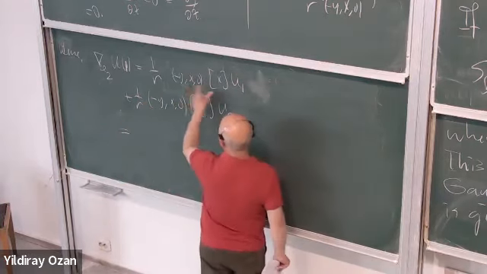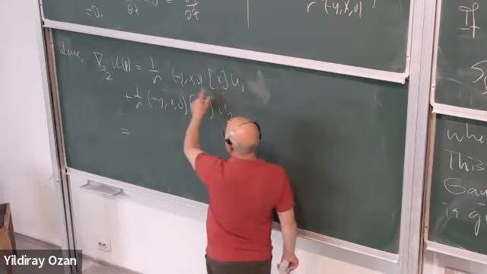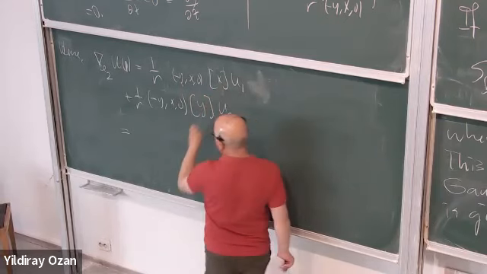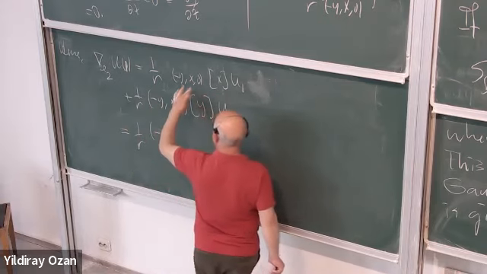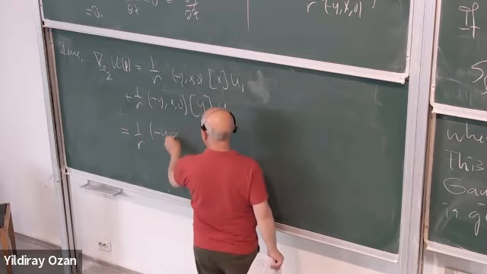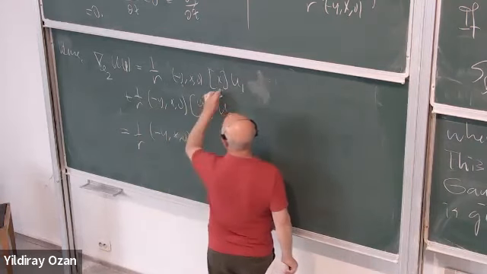Bu vektörü buna yedirmek ne demek? Bu vektörle bunun gradient'ının product'ı olarak da yazabilirim. So this is just this vector dot product with the gradient of this function.